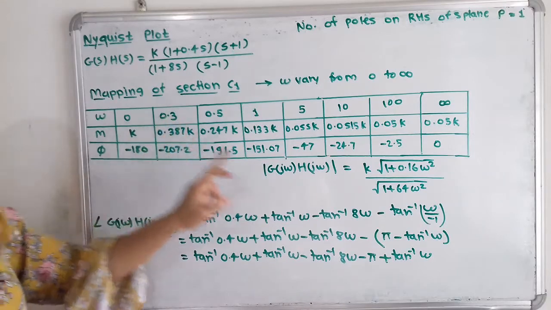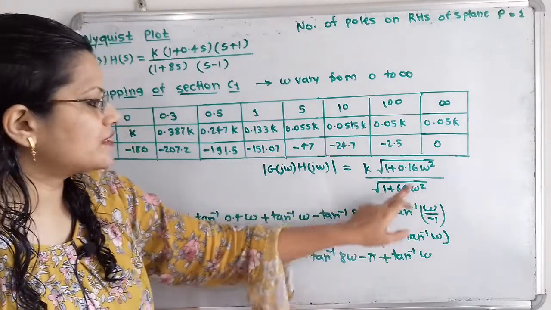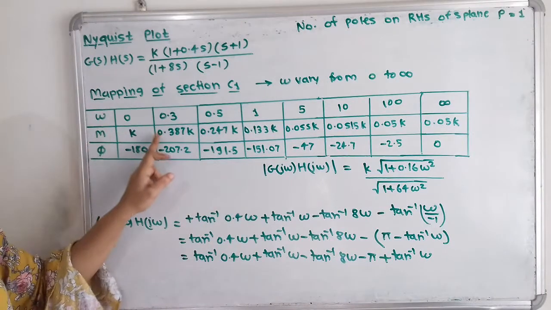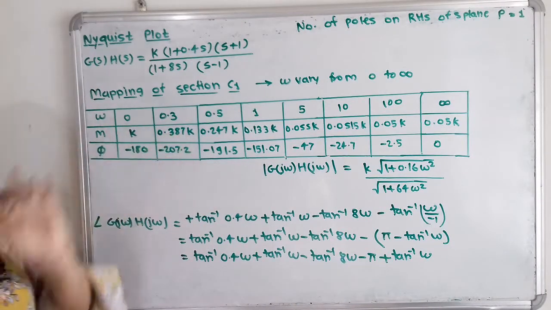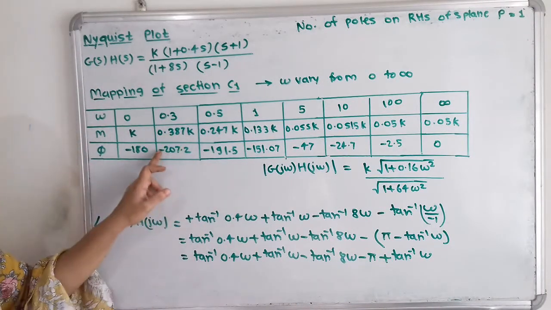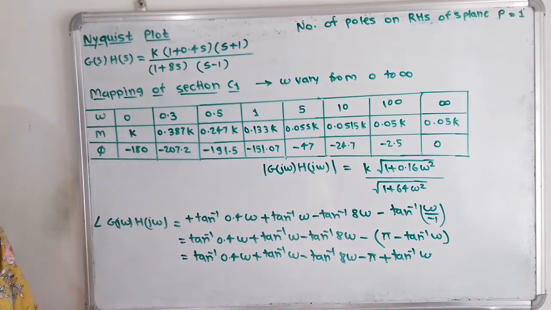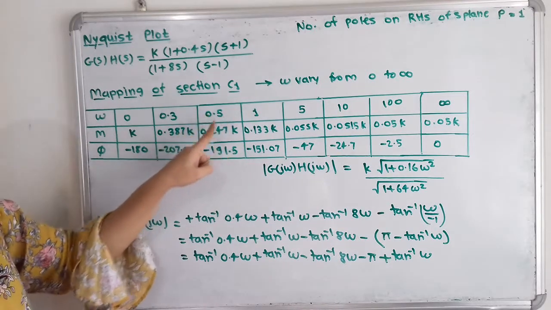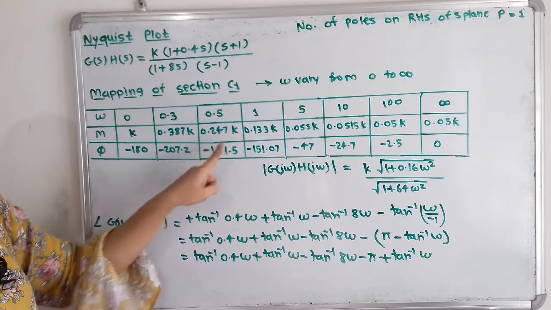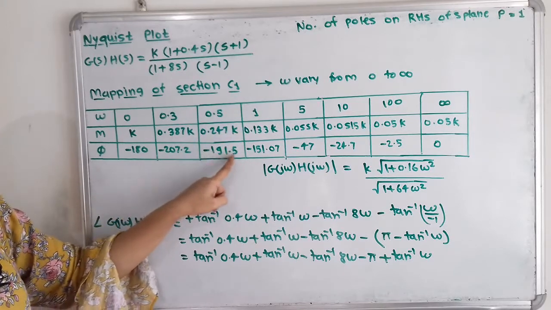When we put omega equal to 0.3 and calculate, we will get magnitude 0.387 k and phase angle minus 207.2. Now when we put here 0.5, then 0.247 k and angle minus 191.5 degree.